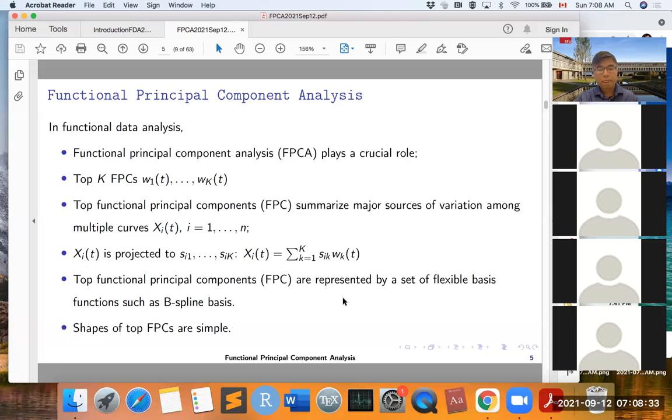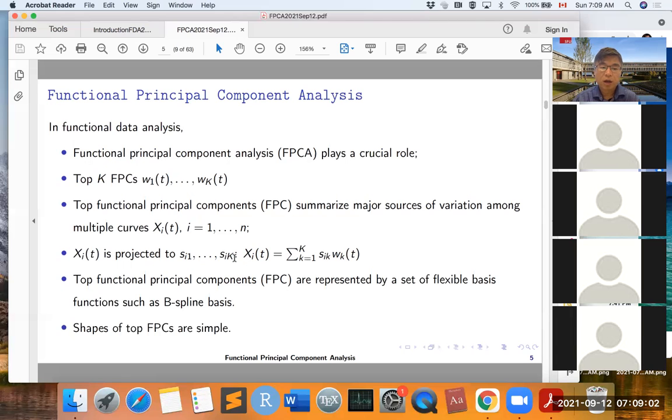So you can see here, basically we're doing a dimension reduction. We project the infinite-dimensional function Xi(t) to the finite FPC scores Si1 to SiK. As I said, capital K is typically very small, so K will be 2 or 3.